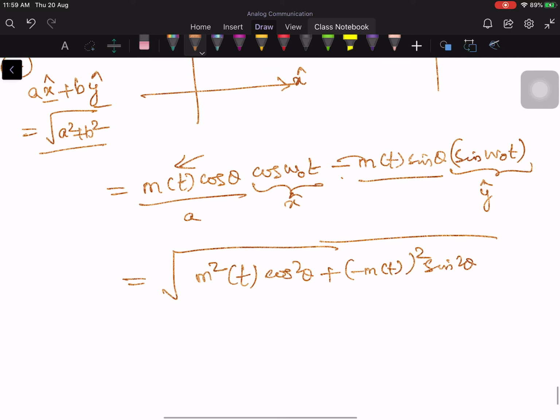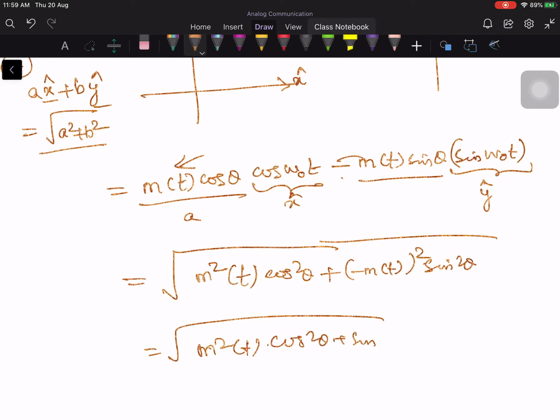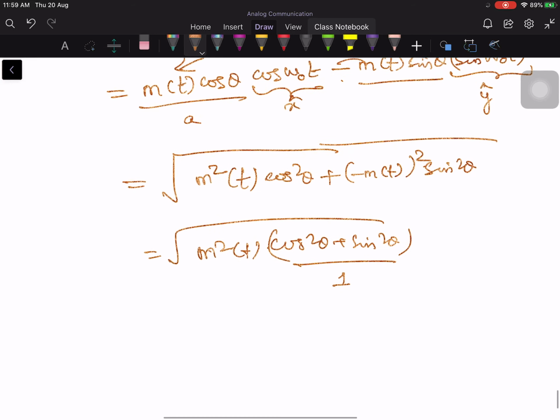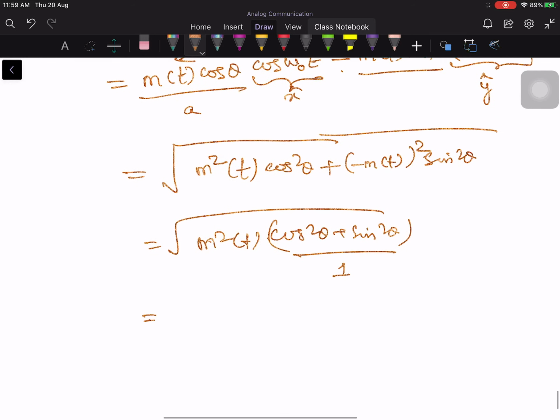Now, this m square of t you can take commonly outside, m square of t times cos square theta plus sin square theta, this is equal to 1. Therefore, the magnitude is going to be mod of m of t. So, that is the instantaneous amplitude.